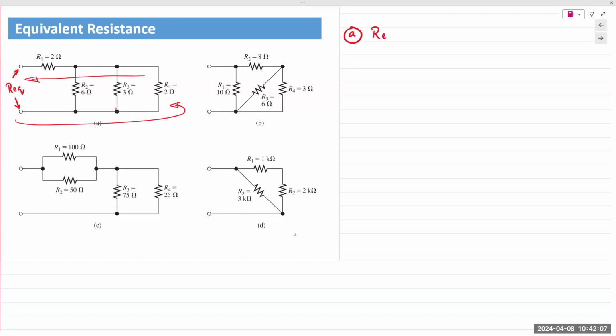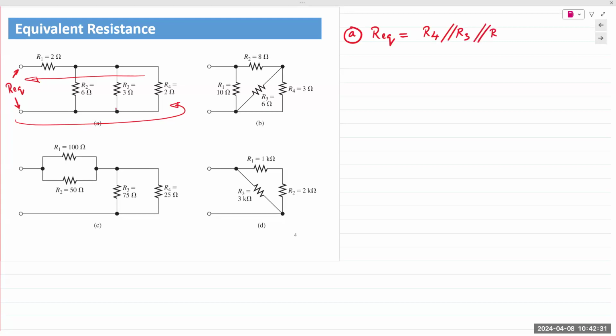So if I want to find REQ, I start at the farthest end. I'm going to say R4. What is the relationship between R4 and the next resistor, R3? Connected with two terminals connected respectively, right? So R4 is in parallel with R3. That's my symbol for parallel, by the way.